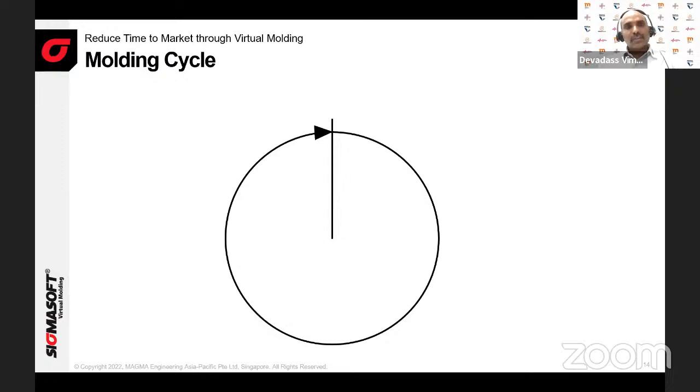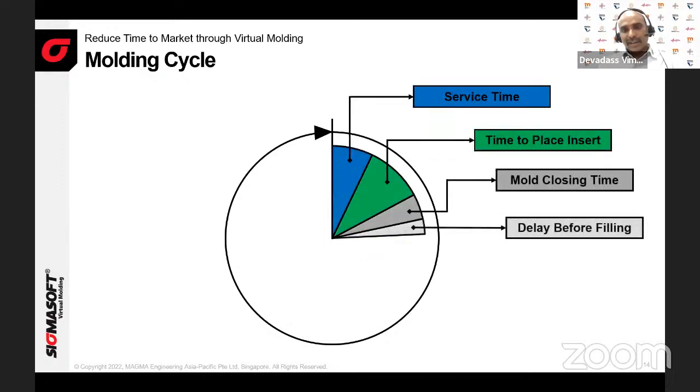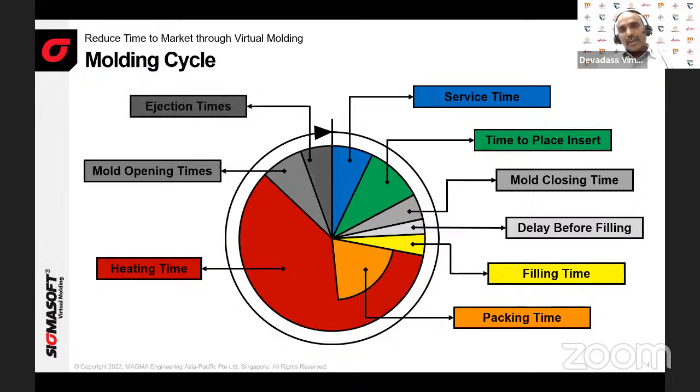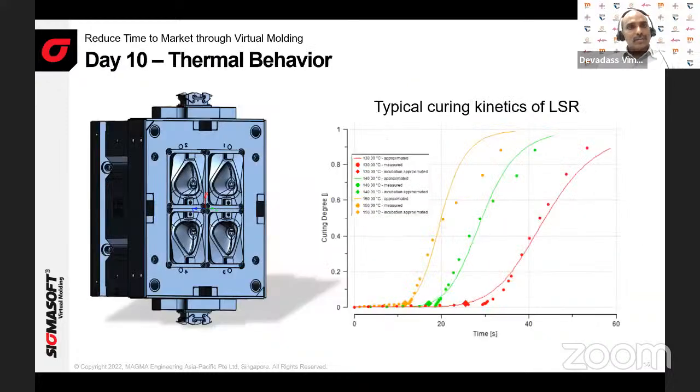Along with the mold design, we also include all the process parameters, because the injection molding process consists of many stages. So we include all the stages and the times in our simulations in order to get more accurate information about the temperature. LSR is very sensitive to temperature.